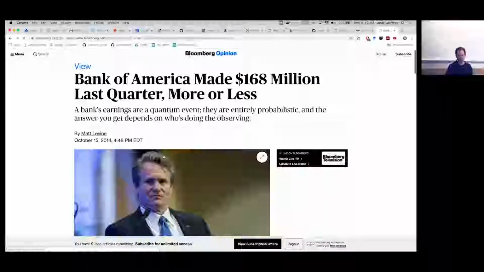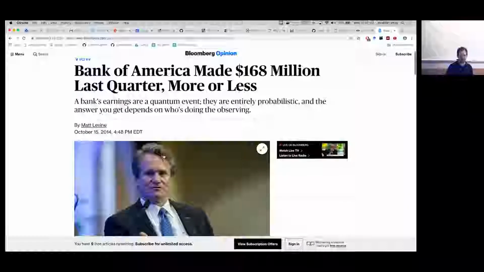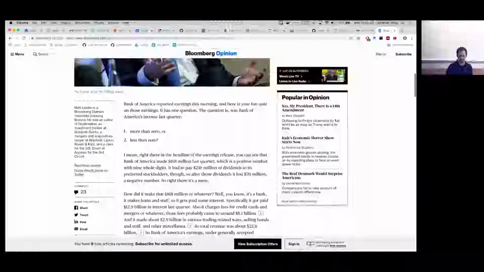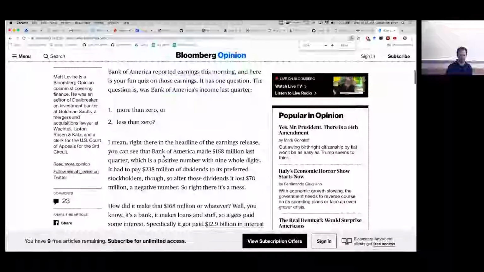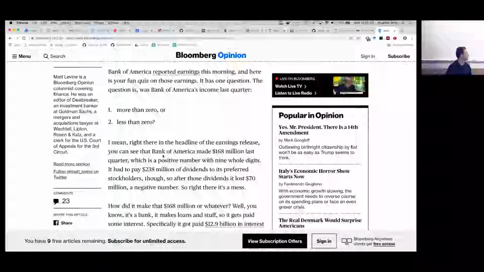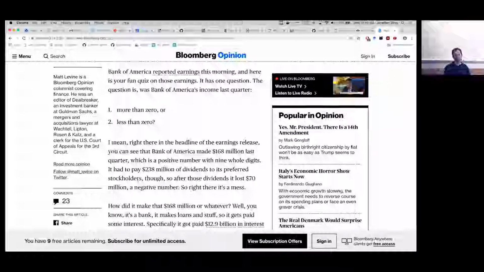And the point he's making here is that 168 million is a rounding error on their income, depending on the accounting standards they use, depending on whether they're counting certain things this year or next year. I mean, you can't even tell if they were profitable or not, right? And this is not even statistical error.